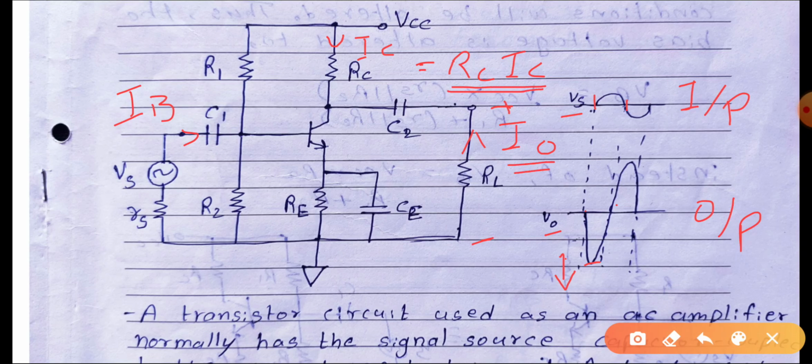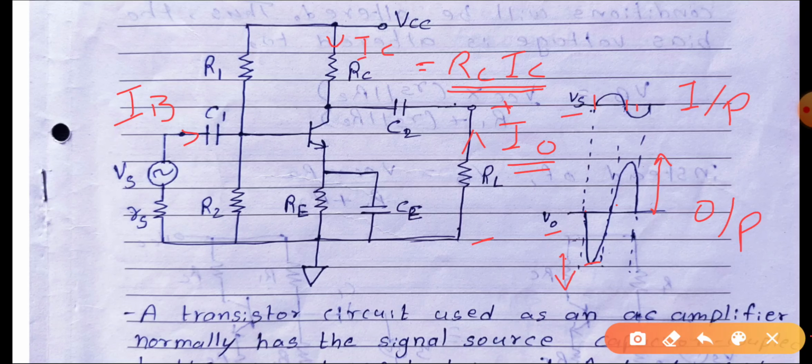That is why when input voltage is in negative half cycle, the output voltage will be at the positive half cycle. So this is the main reason behind the phase reversal or opposite phase of the output signal.